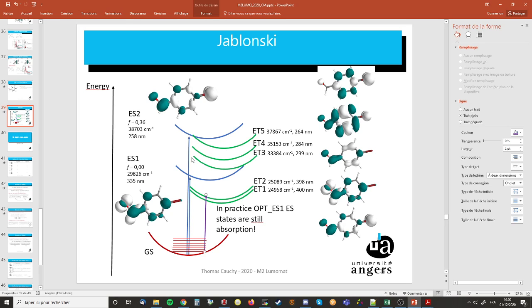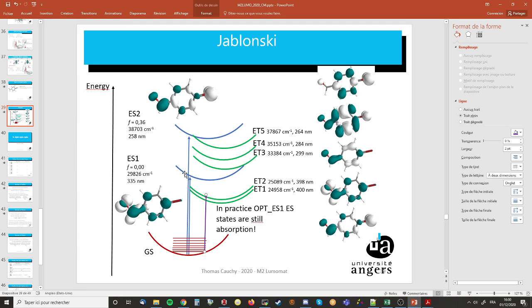So you have the vertical transition, and some of you have the optimized excited states. You can compute the energy evolution, and you can see what is the difference here in energy to understand the Stokes shift, the emission property, and so on.